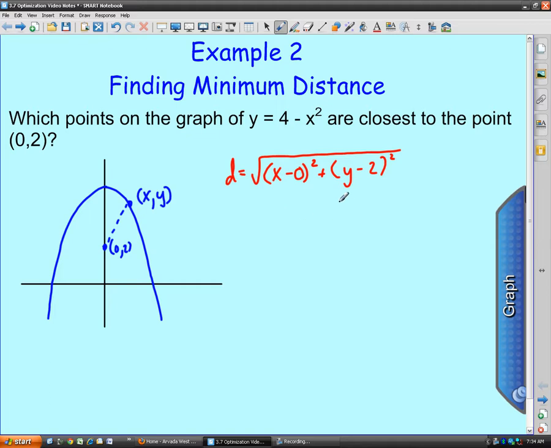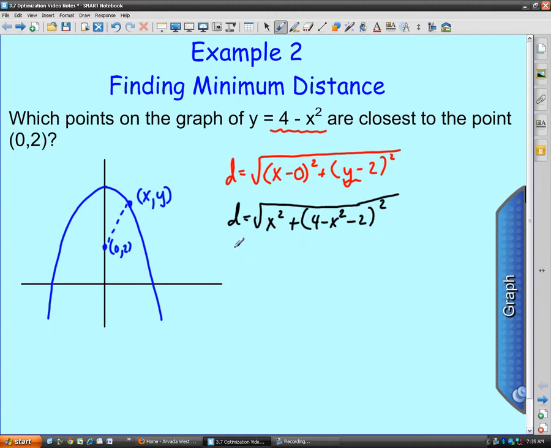So I do know my secondary equation: my y value is 4 minus x squared, so I can replace y in this equation with 4 minus x squared. My new distance formula is x squared plus (4 minus x squared minus 2) squared, and that is the distance formula I'm dealing with.